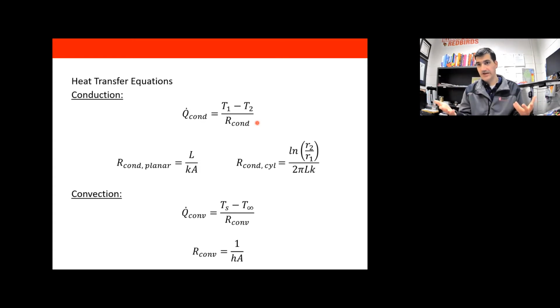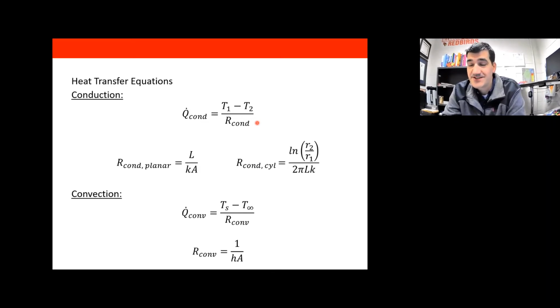If it has a choice whether to transfer via one mode or another mode, then that's in parallel. And we will add resistances in series and in parallel, just like you do in the electrical domain for electrical resistances. All right, so that's basically the gist of today.